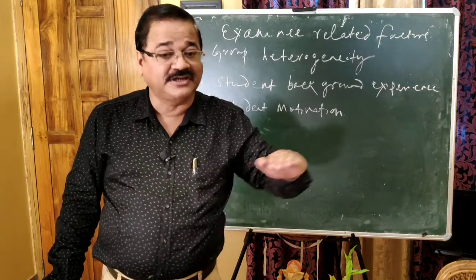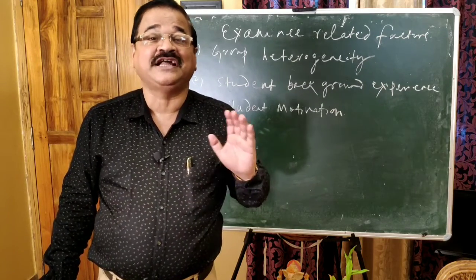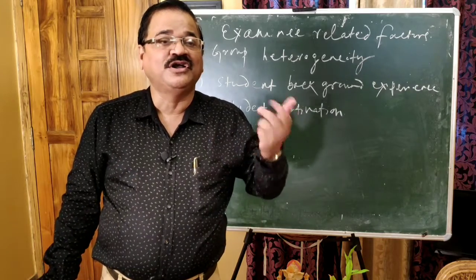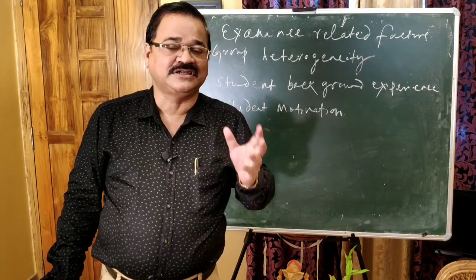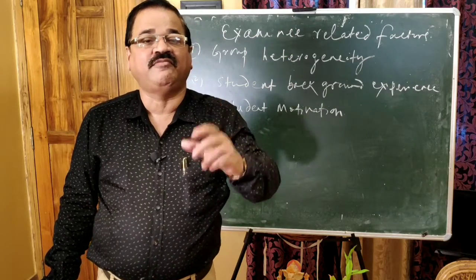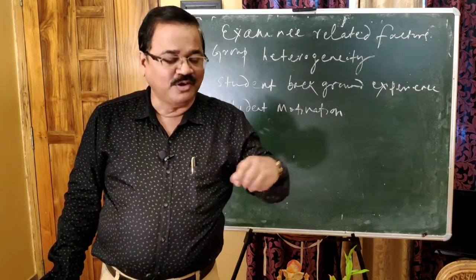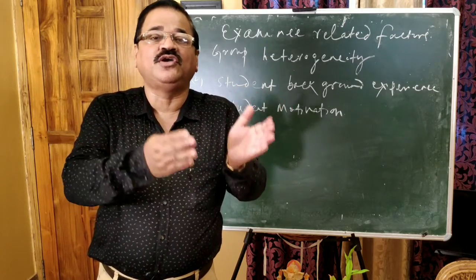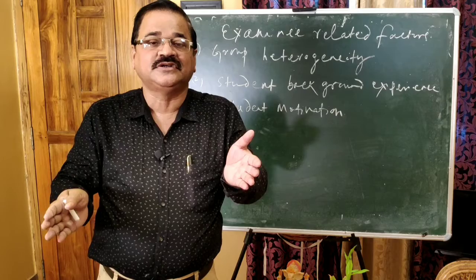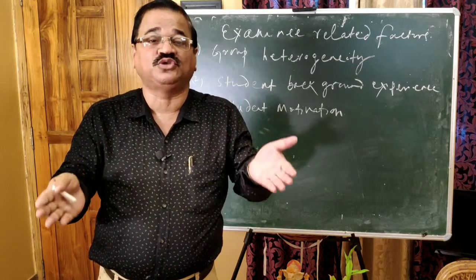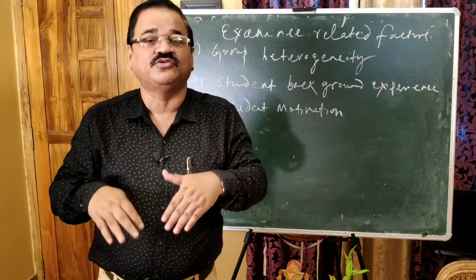Our purpose is it should spread all along the scale. Different types of learners, candidates should be there, so that different marks will come. Some will secure good marks, highest marks. Some will secure average marks. Some will secure below average marks. So we can differentiate between the good learners and the poor learners, which the norm reference testing seeks to find out: who are the good ones, who are the poor ones.